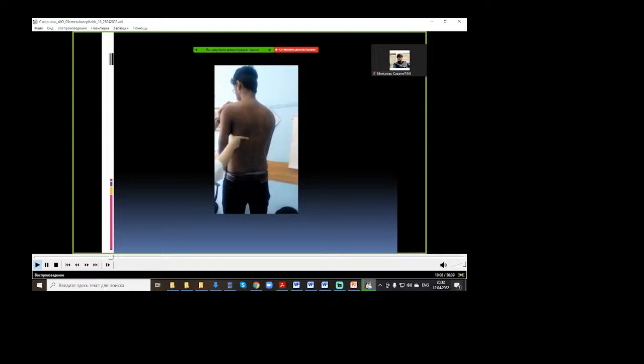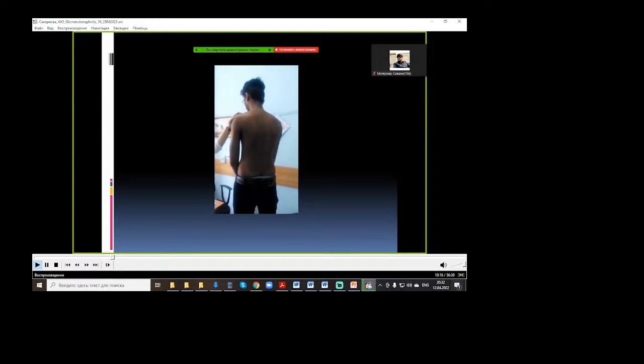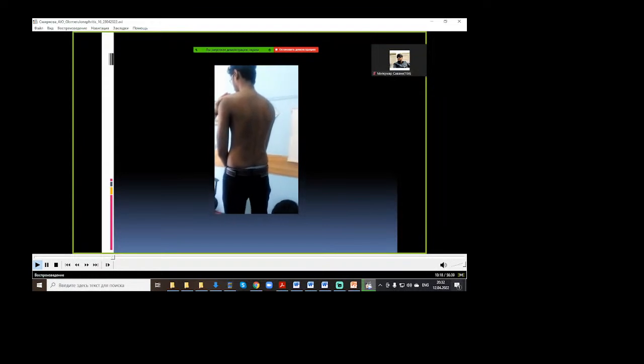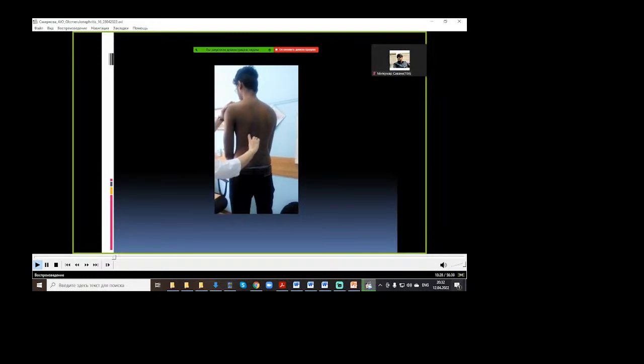It means that this is the level of the upper pole of the left kidney. And the lower pole of the left kidney is between the first and the second lumbar vertebra. So we count here, and here will be the left kidney.